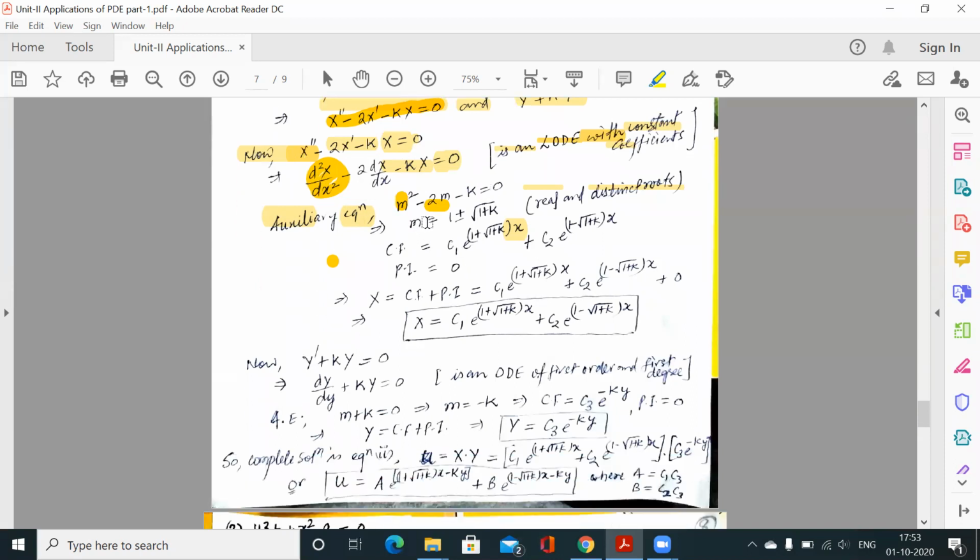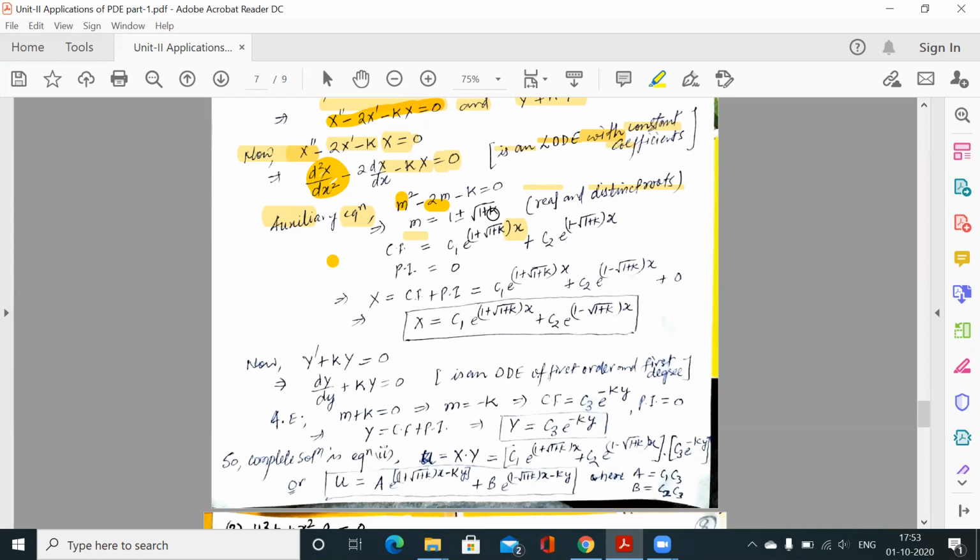You have to remember how to solve the ordinary differential equation: we get the auxiliary equation, and the roots of this auxiliary equation will tell us what the CF is. The roots are m equal to 1 plus or minus square root of 1 plus k. These are real and distinct, because k is a real constant.